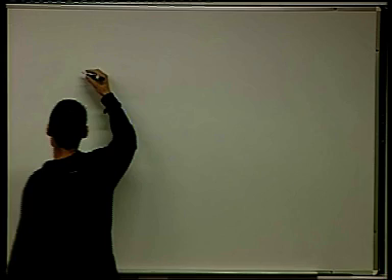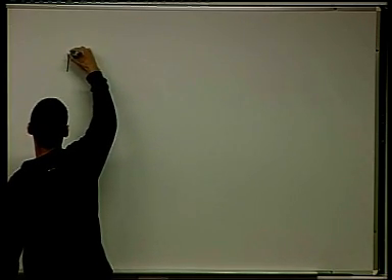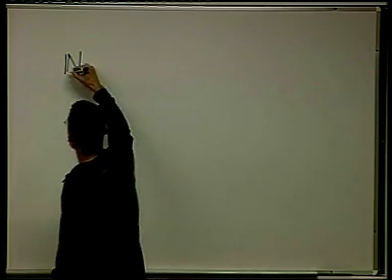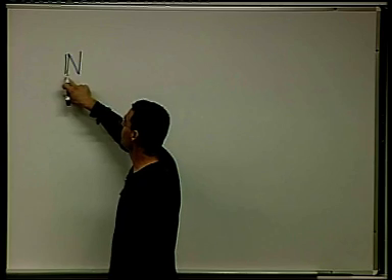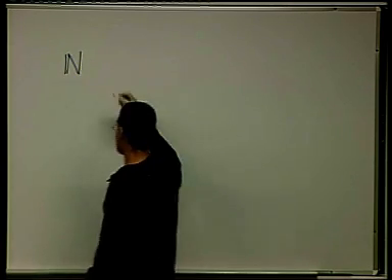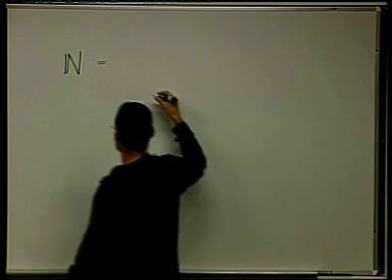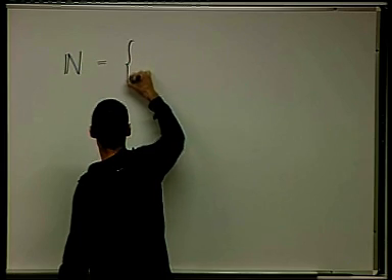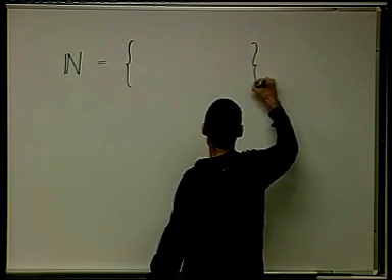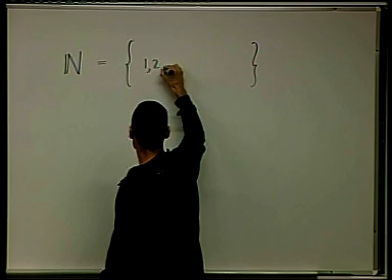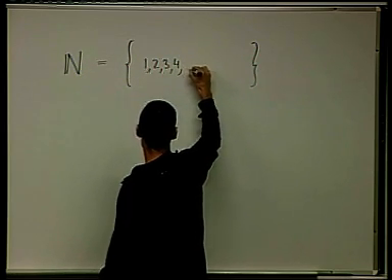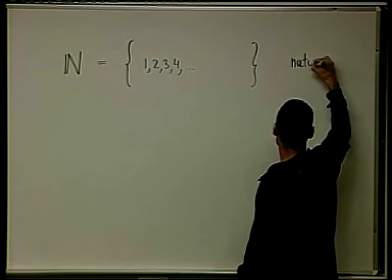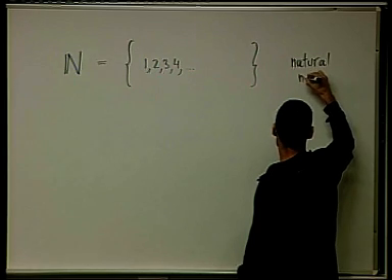So the first thing I want to discuss is various sorts of numbers. So this N with a doubled leg here is a symbol for what are called the natural numbers. And what they are is all the numbers 1, 2, 3, 4, etc. So these are called the natural numbers.